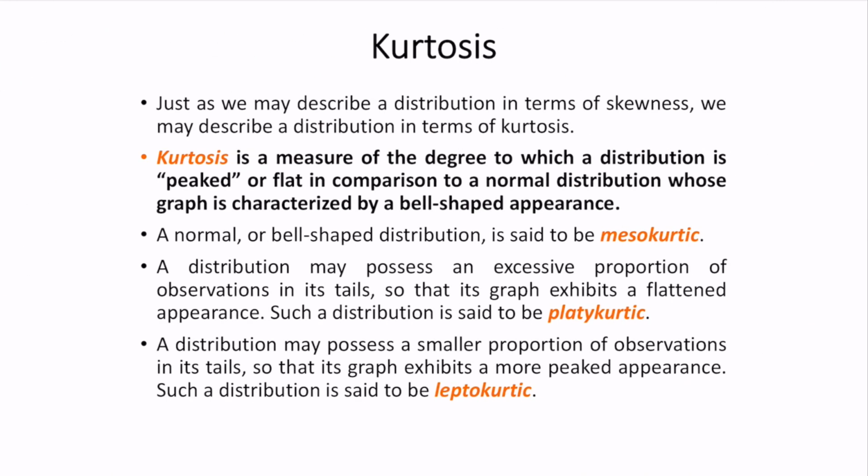Next, let's find kurtosis. What is kurtosis? Kurtosis is the measure of the degree to which a distribution is peaked or flat relative to a normal distribution, whose graph is generally characterized by a bell shape. What does that mean? A normal distribution is symmetric, which means there is an equal part on both sides.